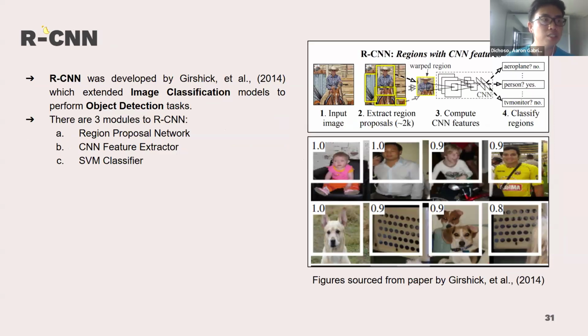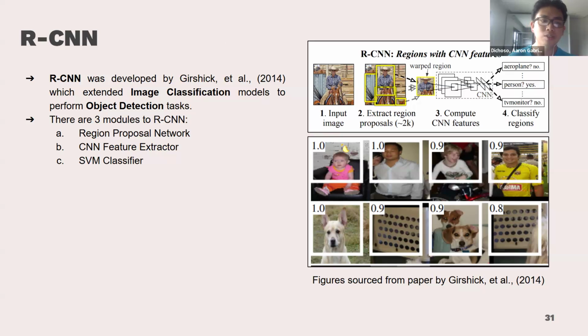So RCNN means regions with CNN features, as we can see here from these figures. And what it does is it adopts image classification models, those that only determine the main subject of an image, and it allows them to perform object detection tasks, or detecting multiple objects inside an image.